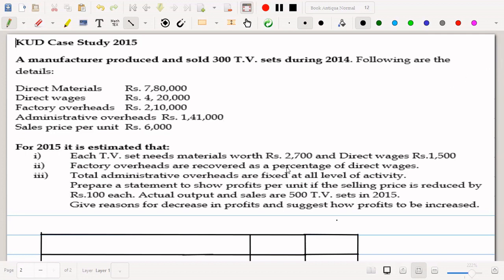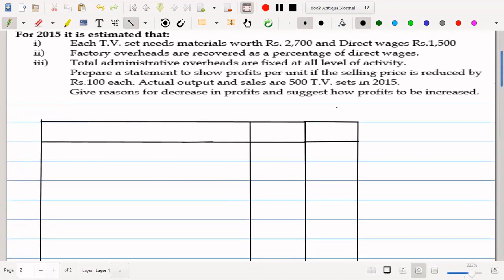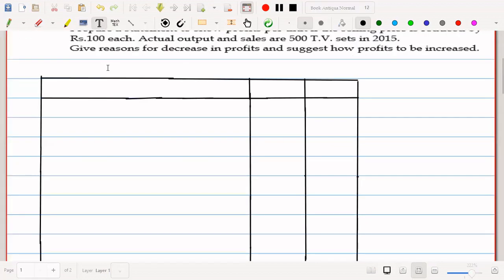So for the year 2014, what is given in the problem? TV sets produced were 300. We have to write it on the top here. This is the simple cost sheet. Cost sheet for the year 2014.